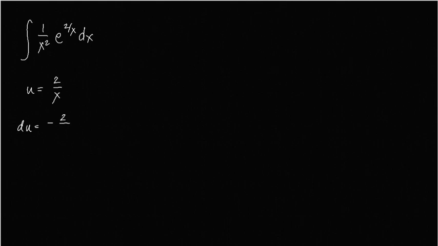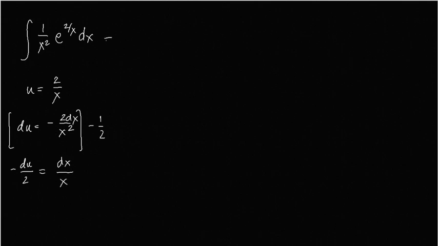Negative 2 over x squared. So we have here in our integral dx over x squared. If you multiply both sides by negative 1/2, we have negative du over 2 equal to dx over x squared.